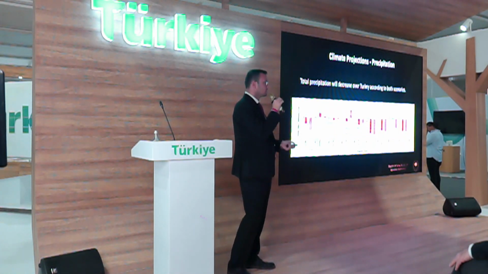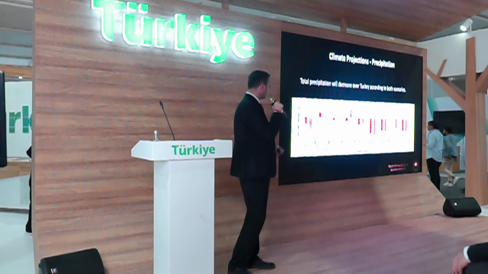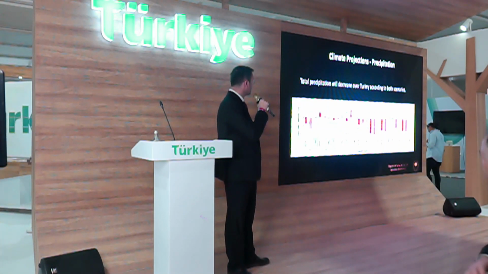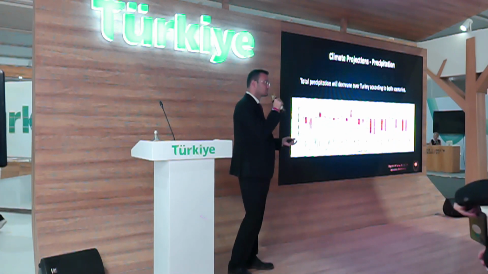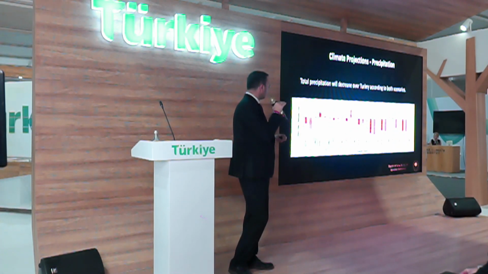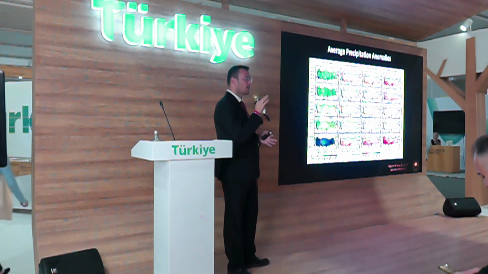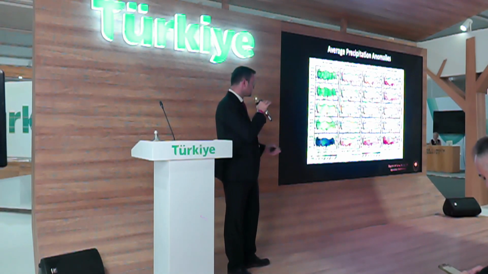And the second one is the precipitation. Over Turkey, in general, total precipitation will decrease according to both scenarios. However, this change will vary depending on the regions and the seasons.